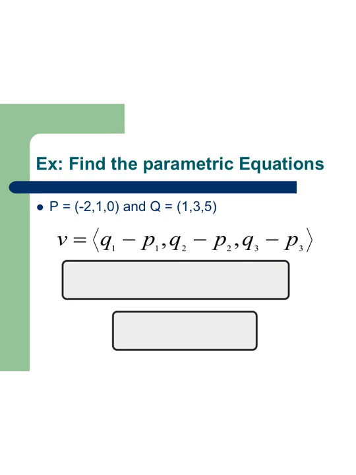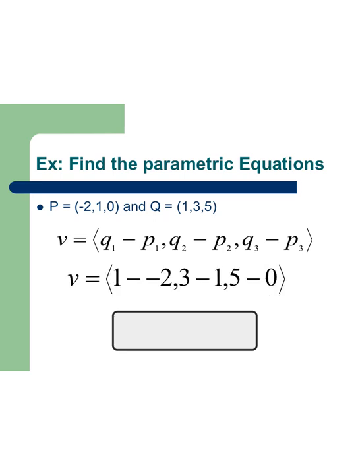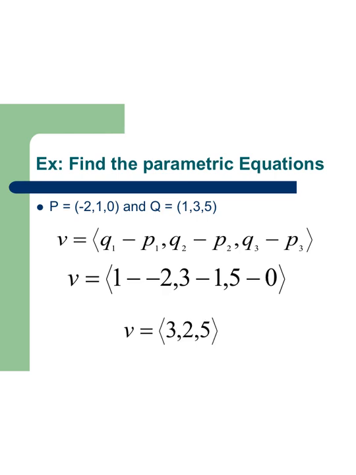Plugging in our terminal point and our initial point gives us our parallel vector, which is 3, 2, 5 after we simplify. Now we take this vector, which is parallel to our line, and use it with our initial point to come up with the parametric equations for our line.